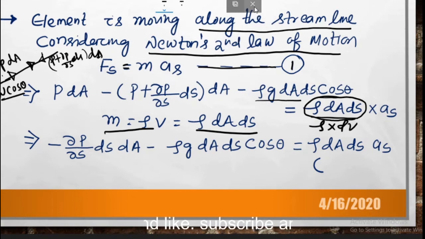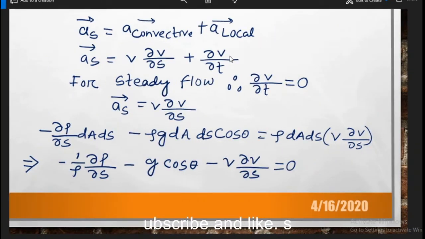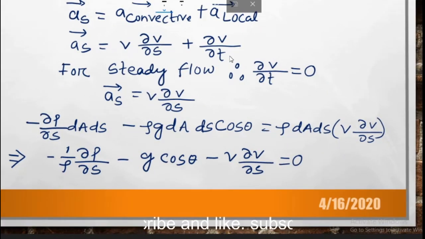Now if you solve this equation, the acceleration along the streamline has two components: convective acceleration and local acceleration. The convective acceleration is due to the change in velocity with respect to change in space, and the local acceleration is the change in velocity with respect to change in time.